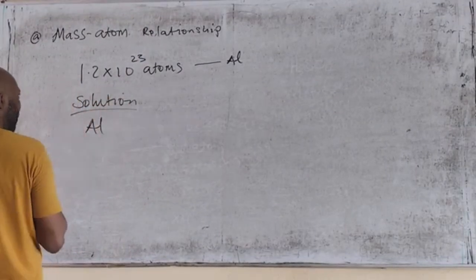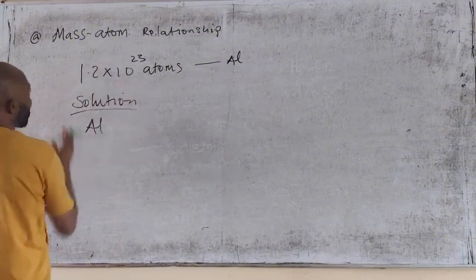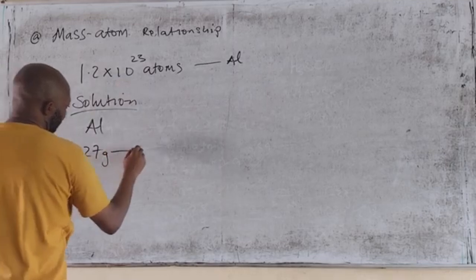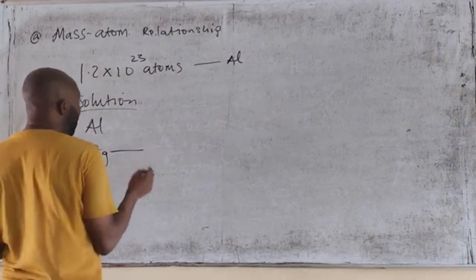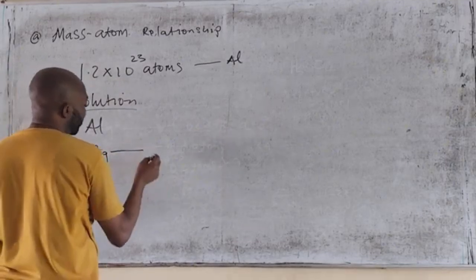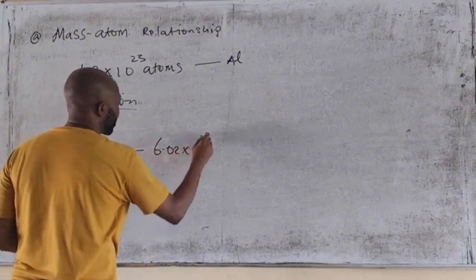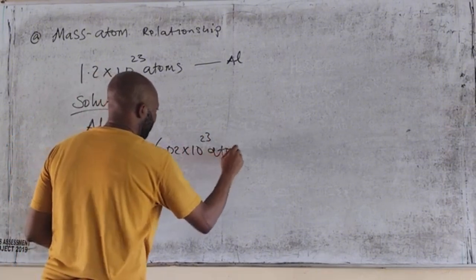Aluminium, the relative molecular mass of aluminium is 27 grams, and that is equivalent to 1 atom of aluminium, which is 6.02 times 10 raised to the power 23 atoms.